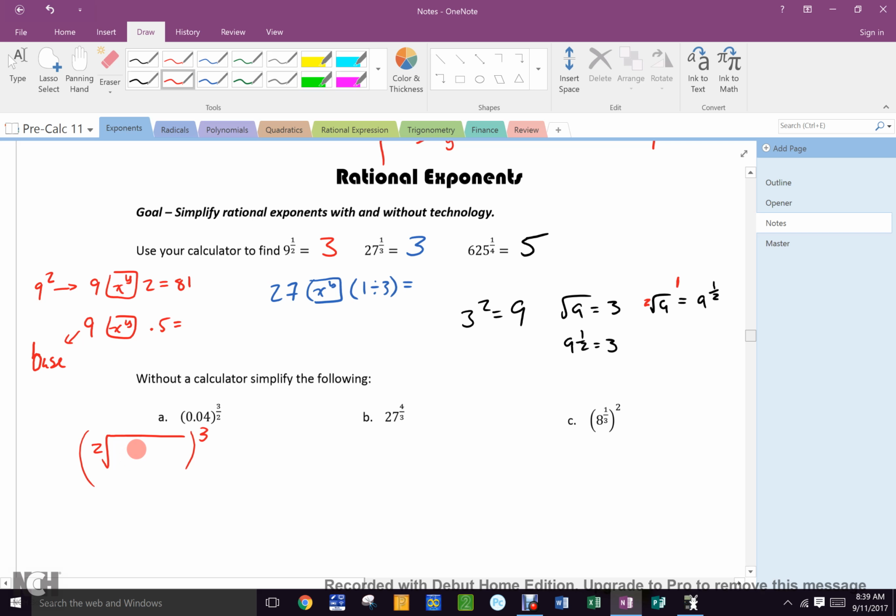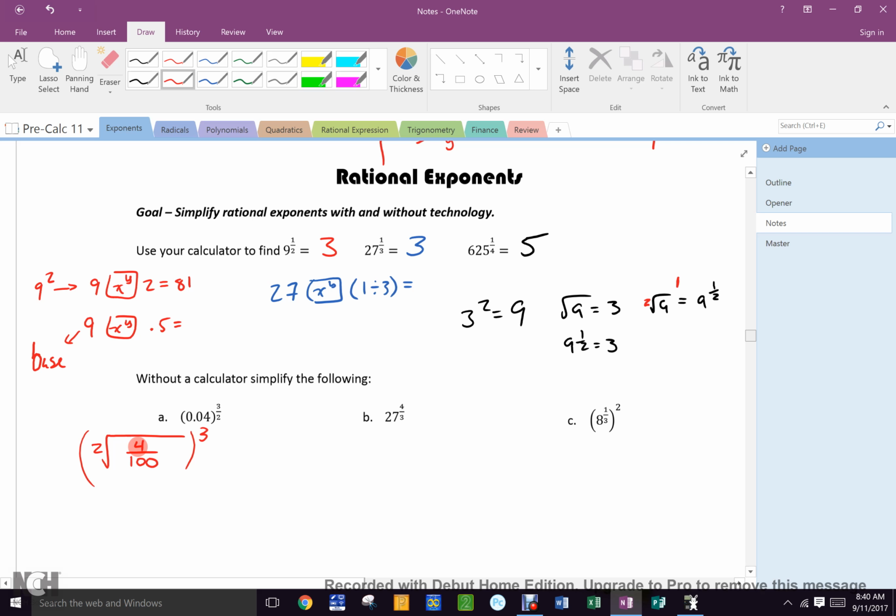Now I'm going to do something a little funky. Why did I do that? Why did I turn 0.04 into that? Because it's the same thing, isn't it? It's 4 over 100, right? And I did that for a reason too.